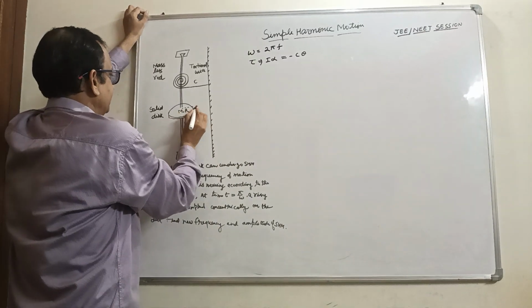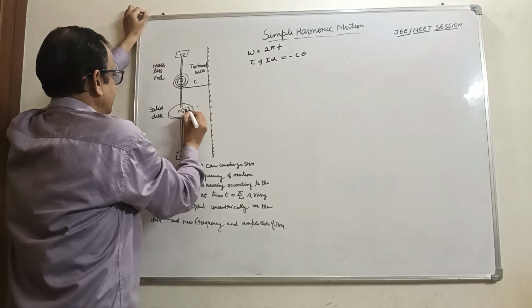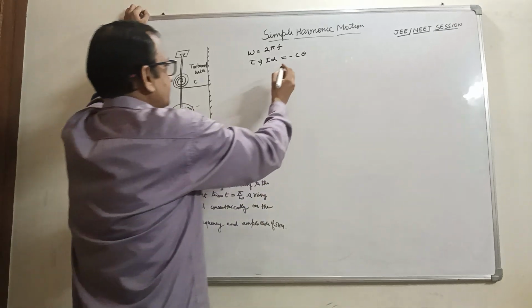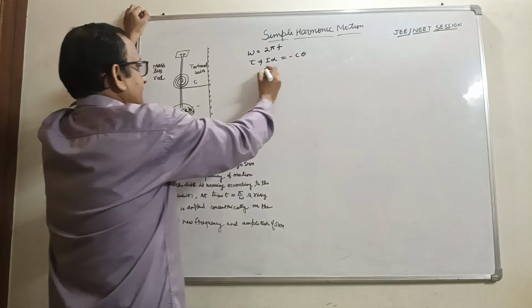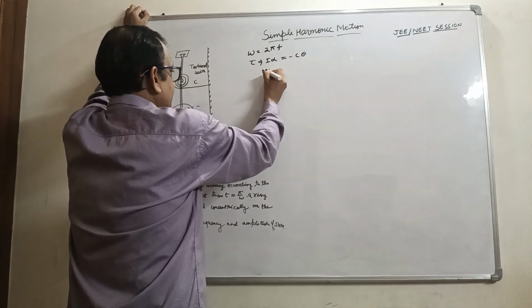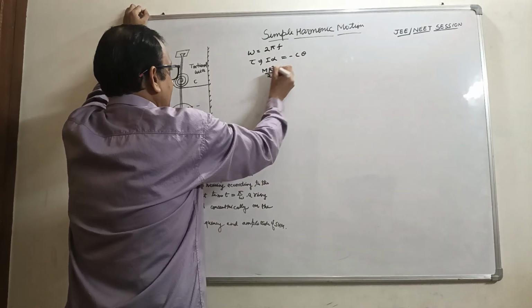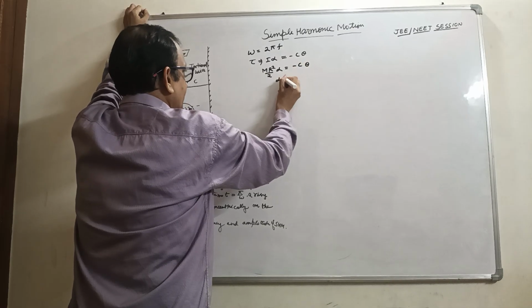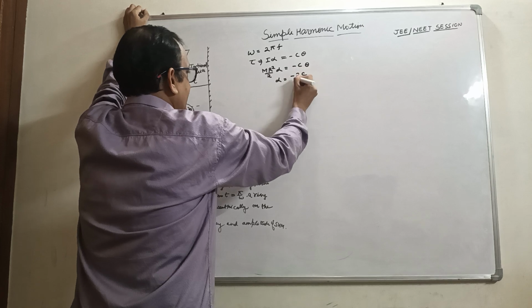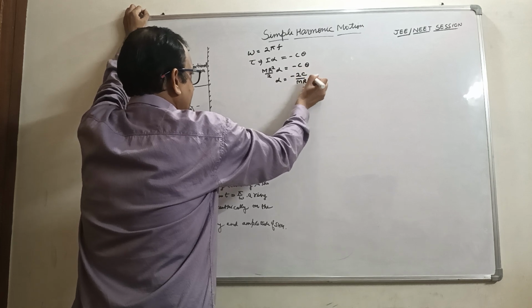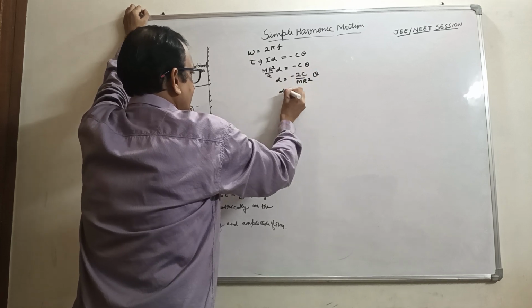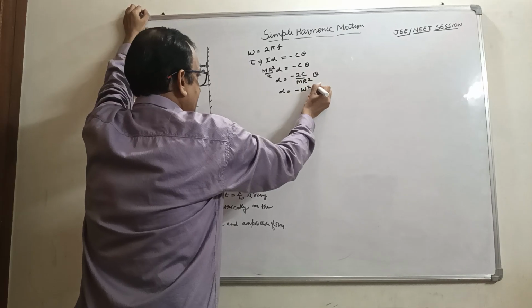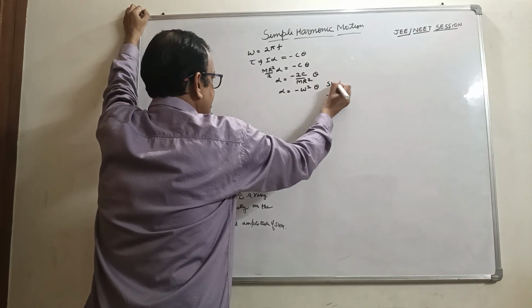For the disk, the moment of inertia is m r square by 2, so I alpha equals minus c theta. So alpha becomes minus 2c by m r square into theta. This is alpha equal to minus omega square theta, the equation of SHM.